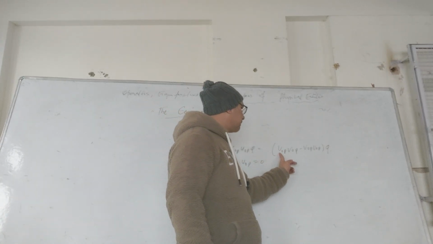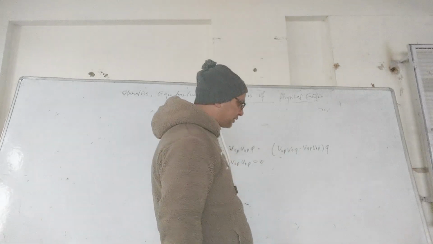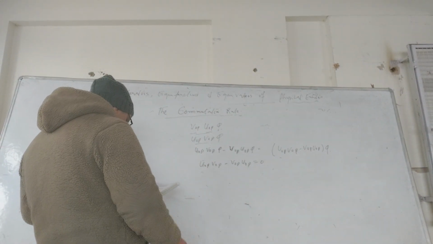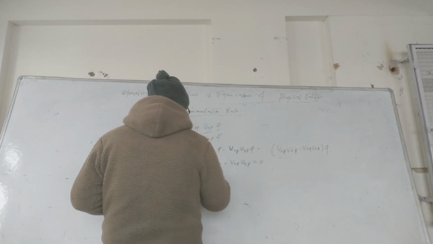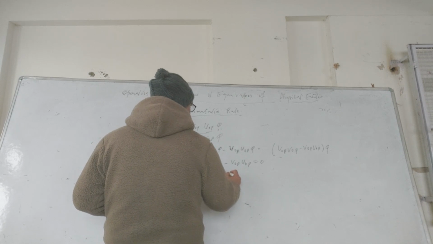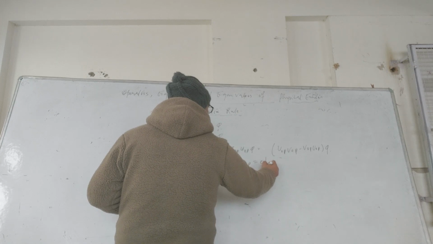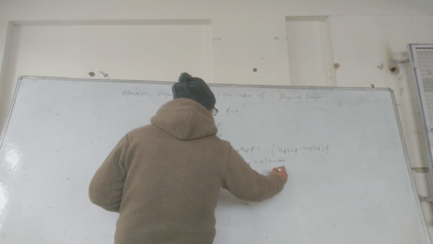The sequence doesn't matter, whether this operates on the function first or that one does. In that case, this is called commutative. And if UOP, VOP minus VOP, UOP is not equal to 0, then this is non-commutative.